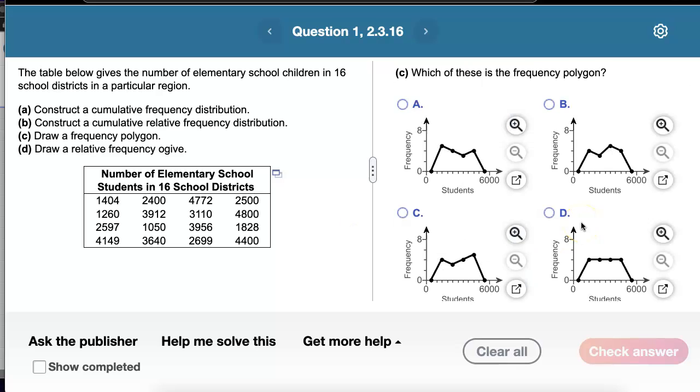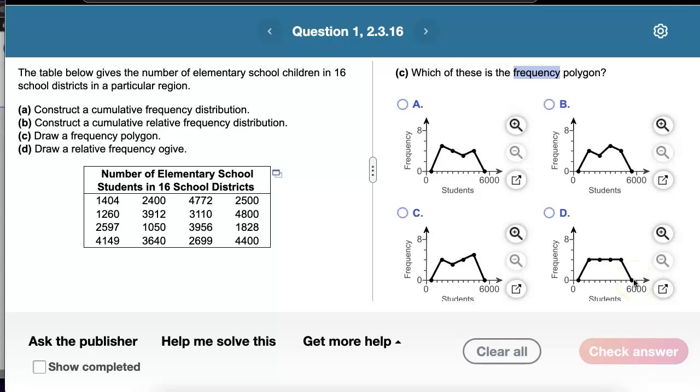So next you're asked about which of these is the frequency polygon. Notice that we're going back to just frequencies here. Okay, so remember, for each individual class, the frequency was 4. So I'm looking for some 4s for frequency along the y-axis. And the only place I see that is choice D. But also notice what else the frequency polygon does is it includes an additional segment back to the x-axis.